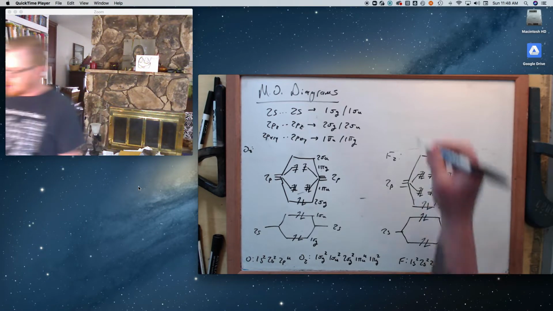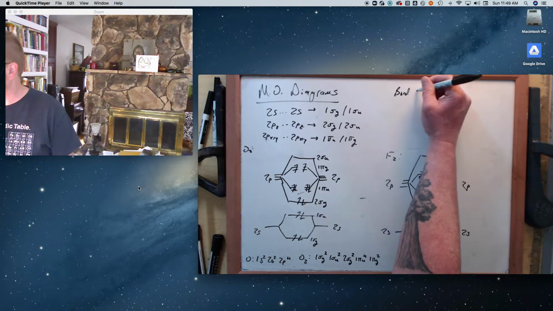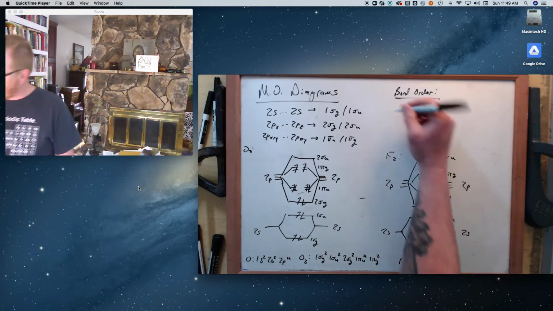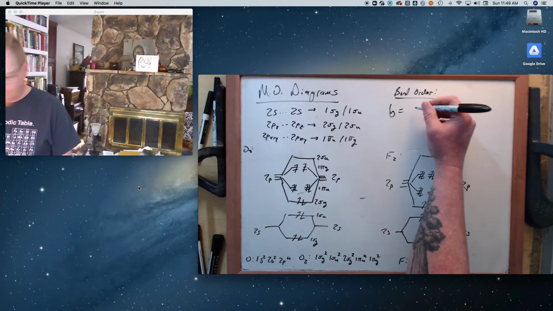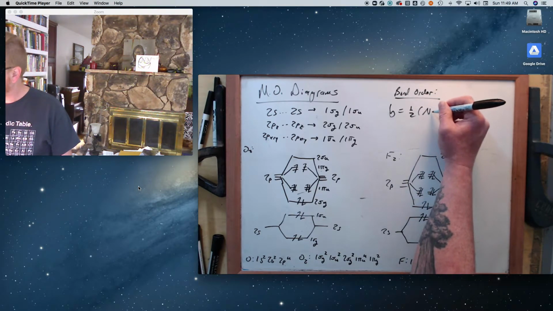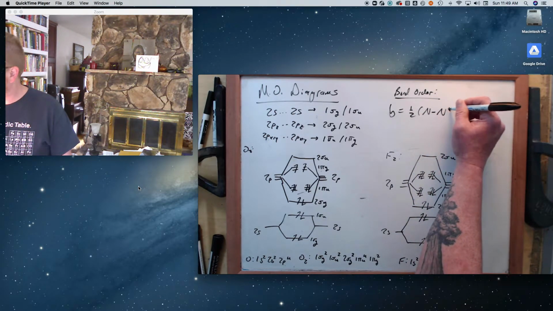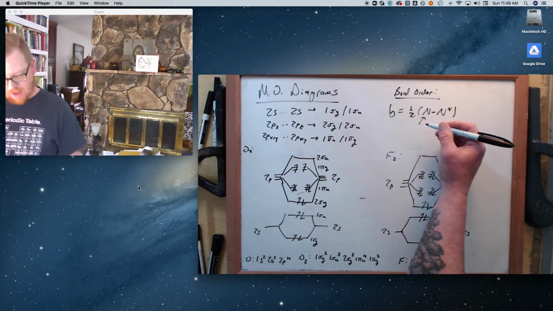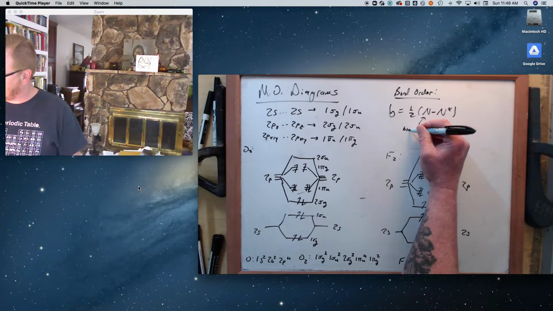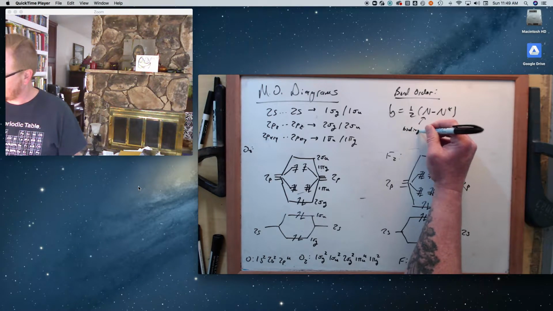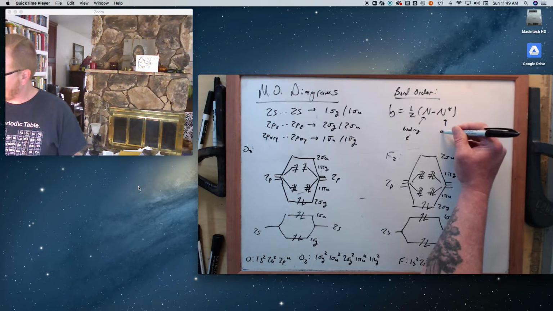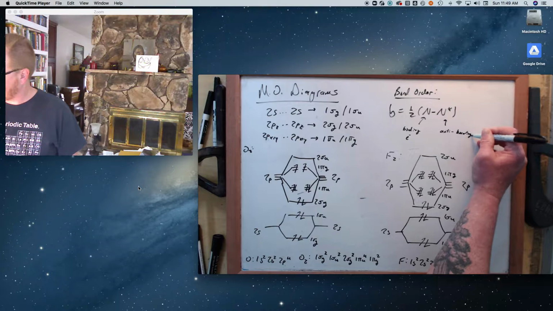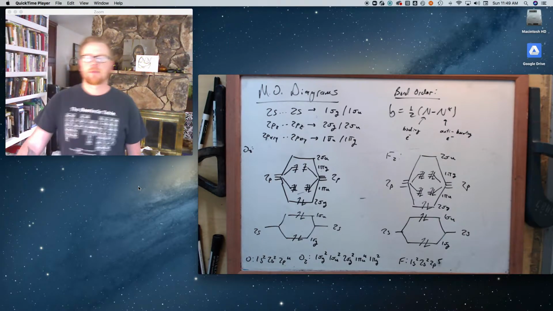And then the last thing that I'll summarize on this board here before I erase, bond order. All right, bond order B equals 1/2 times the quantity N minus N star, where N is the number of bonding electrons, and here this is the number of anti-bonding electrons.